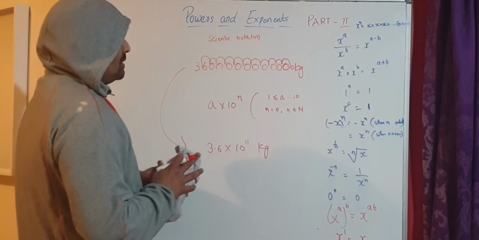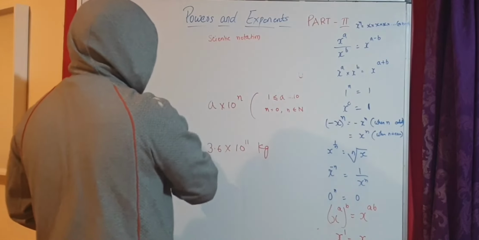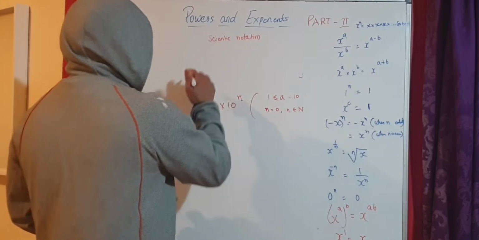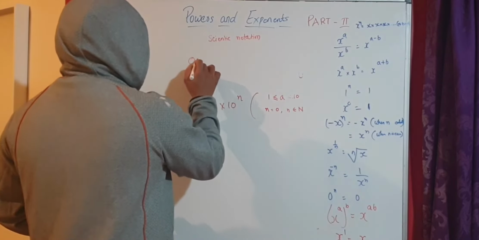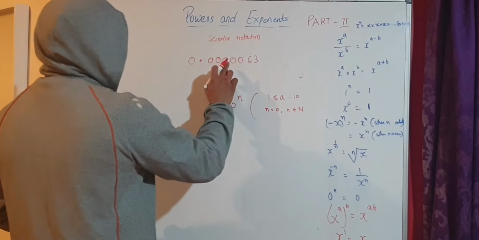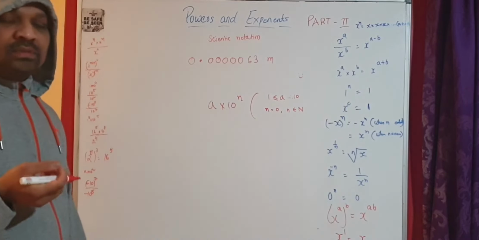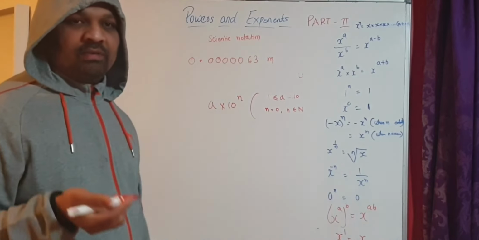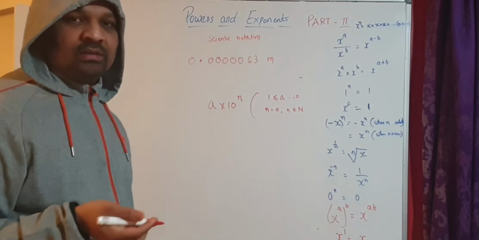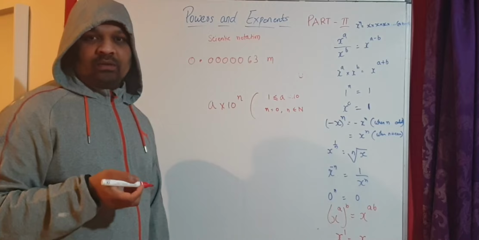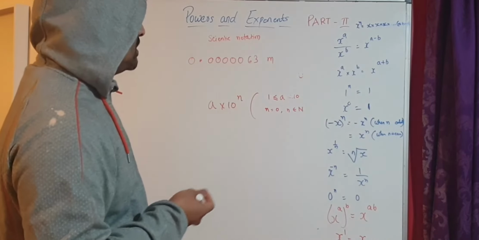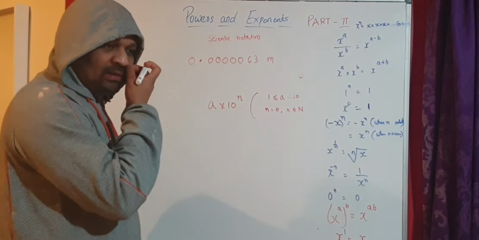Say I'll take another number, which is 0.000063, say in meters. Maybe it is an electron, or some bacteria, or any minute body in the universe, whose length or breadth is this much, 0.00000063 meters.